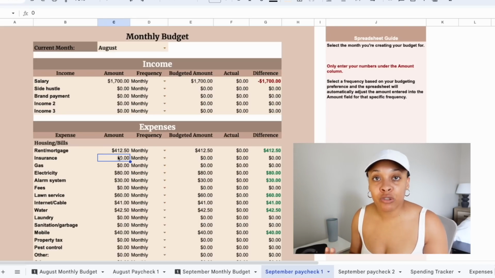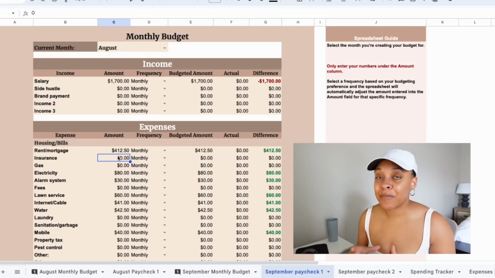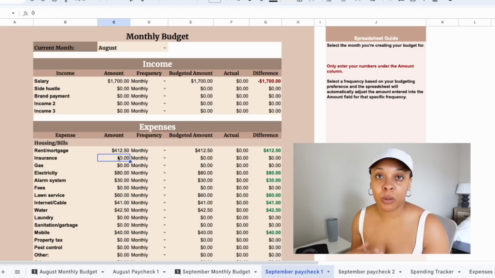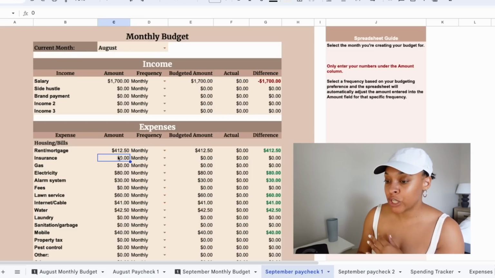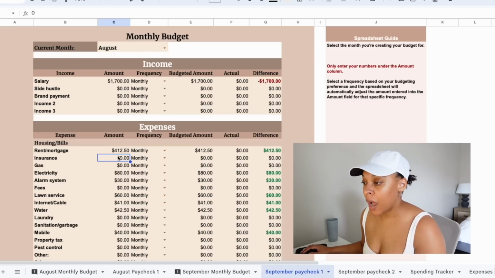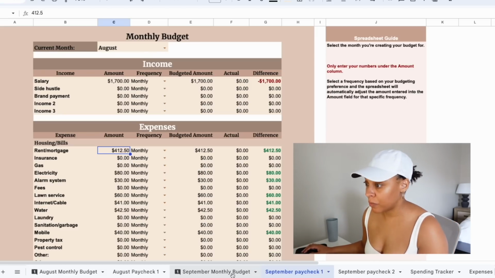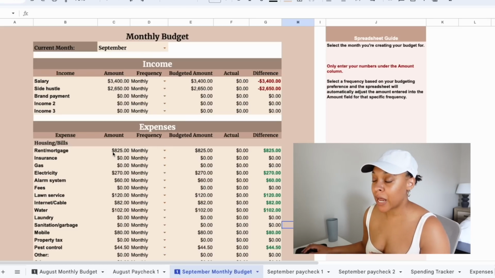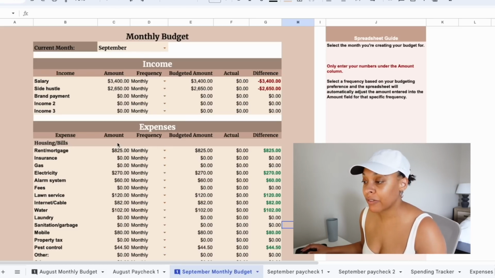So basically I use what's called the half payment method, and it's whenever you evenly divide up your recurring expenses amongst each paycheck. And so I have my total monthly mortgage amount that I'm paying out is $825.